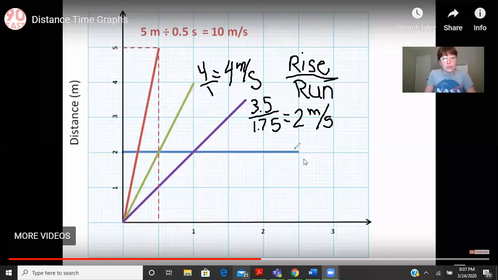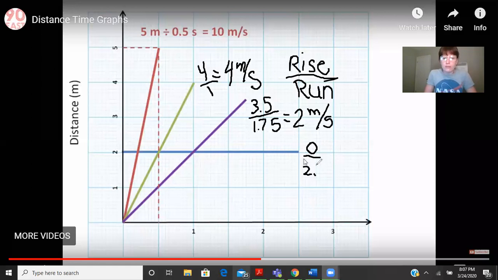My slope is constant. So because I start at 2, there is no slope. So my rise is actually 0. Sorry about that, guys. My rise is 0 because I'm not going up. I'm not rising at all. So I moved 0 distance because the line is flat in 2.5 seconds.